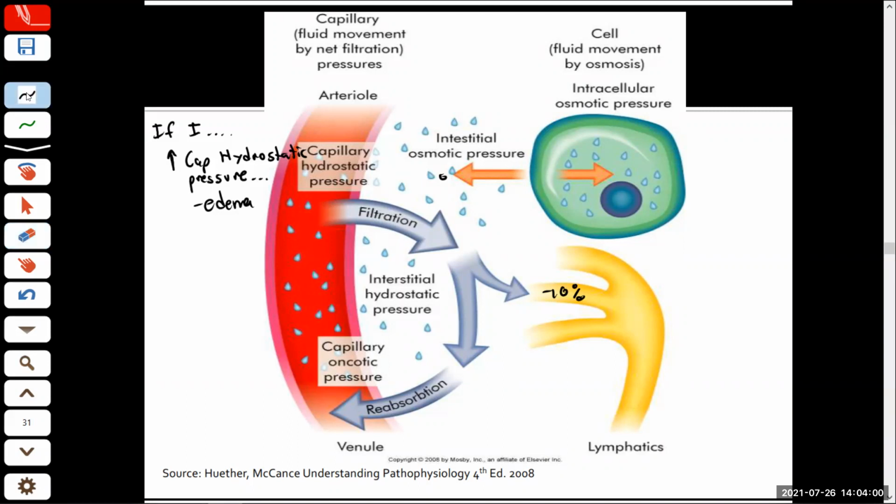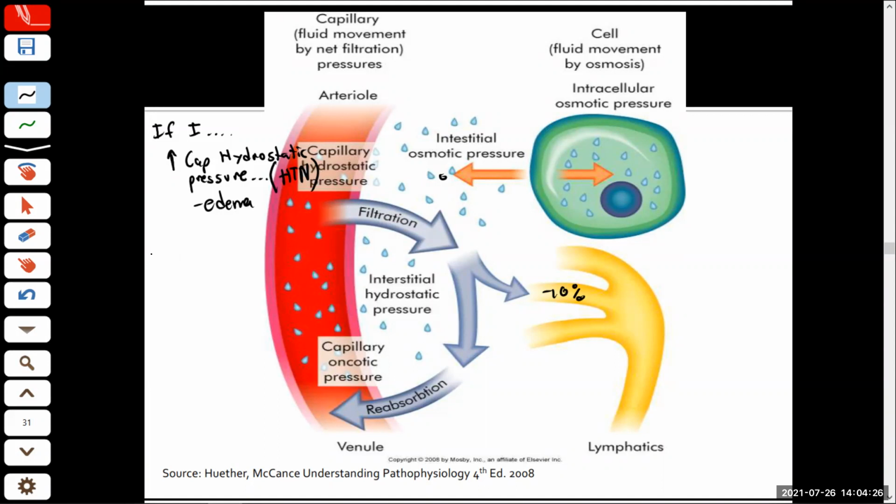Hypertension. So if I increase capillary hydrostatic pressure, that's hypertension. If somebody has hypertension, what does that lead to? Edema. If I have hypertension, this is why I get kinkles like Chelsea Clinton. This is why my ankles get swollen.